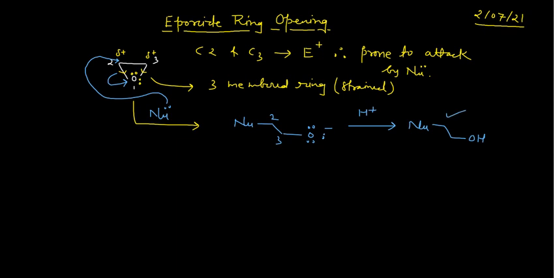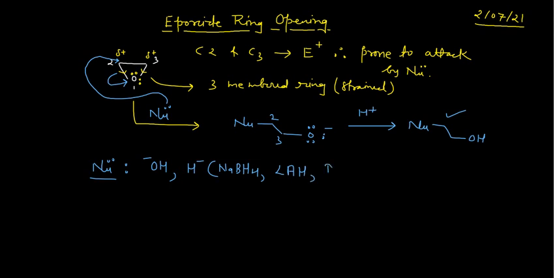Since I am talking about nucleophiles, there is a variety of nucleophiles which can attack the epoxide ring. You may do this reaction in basic condition, and you may use a hydride reagent, and the source of the hydride could be anything. You can use sodium borohydride, or lithium aluminum hydride, I am writing LAH.